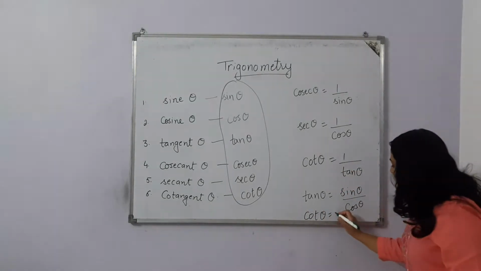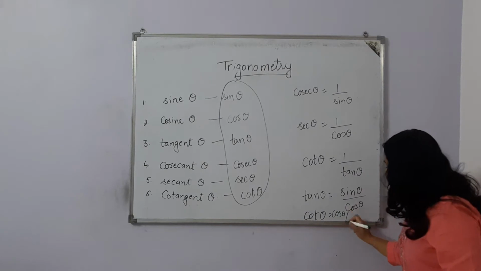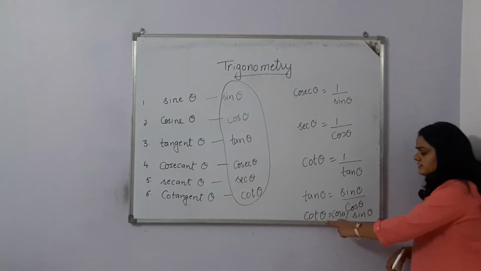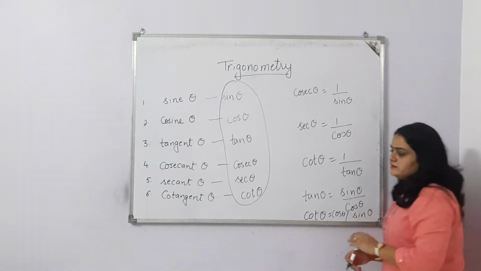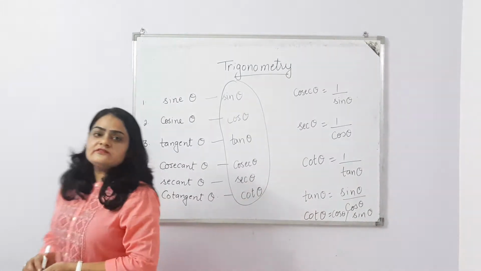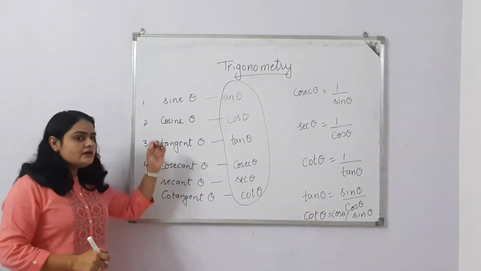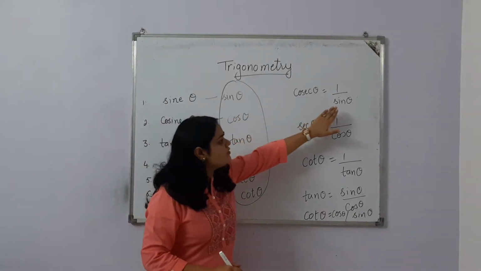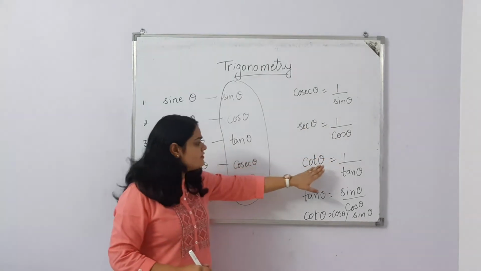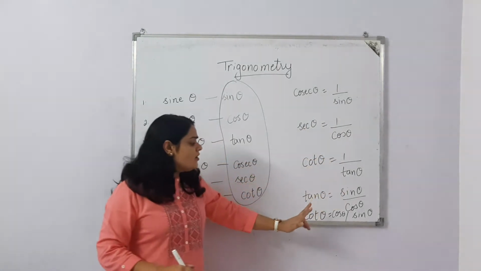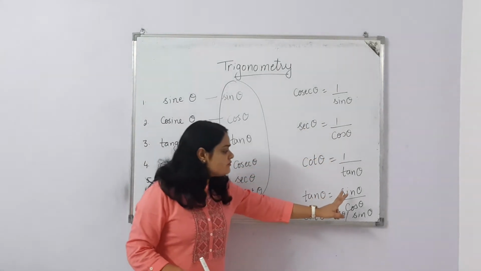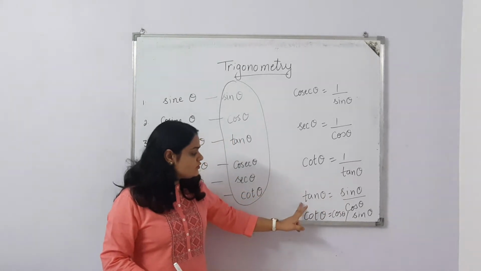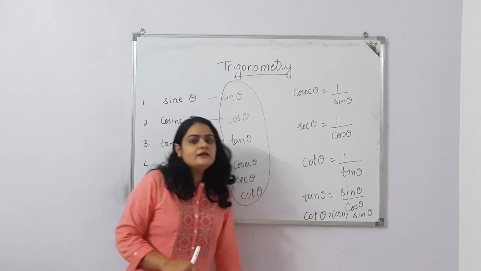So in terms of cos by sine, cot theta is equal to cos theta by sine theta. Hope these 6 trigonometric ratios are clear, that cosec is the reciprocal of sine, secant is the reciprocal of cos, and cot is the reciprocal of tan, or we can write tan in terms of sine and cos, which is sine by cos, and of course cot is the reciprocal of tan, so we can write cos by sine.